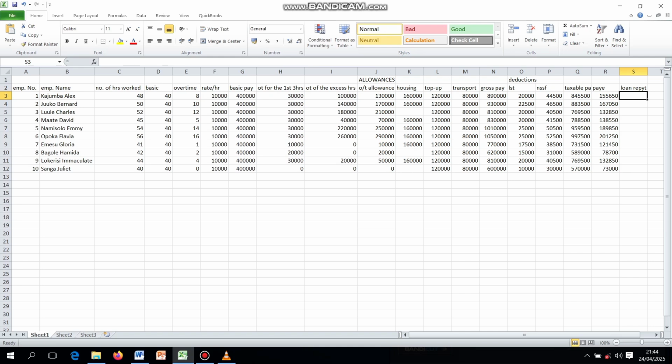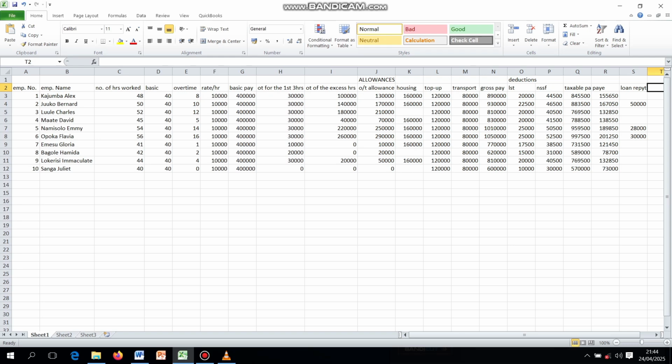They said employee number 2, so I write 50. Then they said number 6 is 30. And then they said the last one, number 5, is 28,000. So those are the loan repayments.